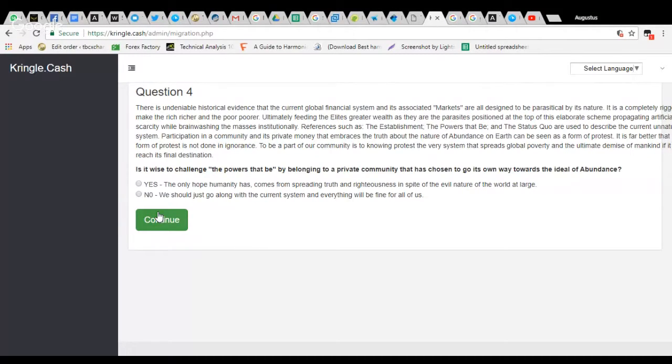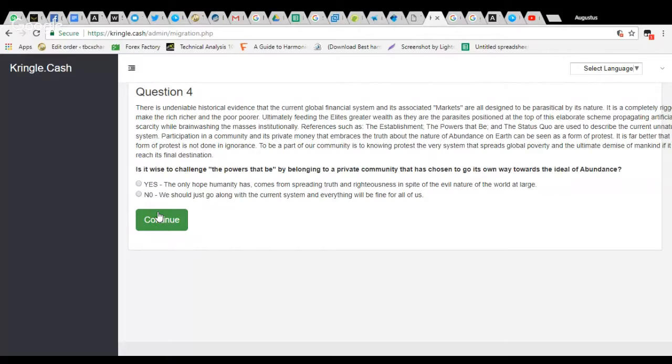So the fourth question is, there is undeniable historical evidence that the current global financial system and its associated markets are all designed to be parasitical by nature.